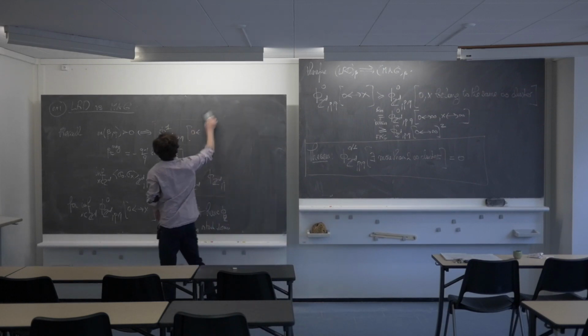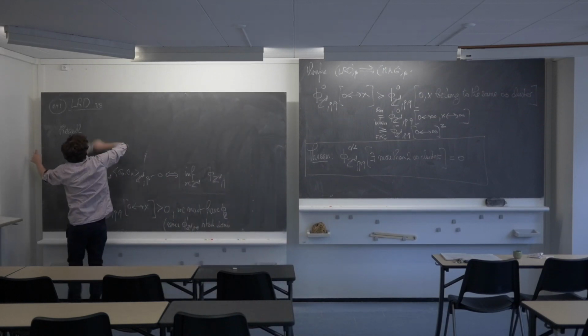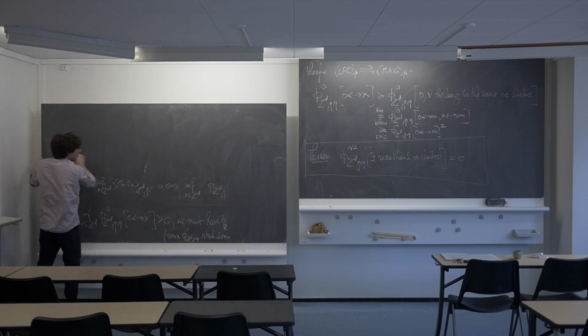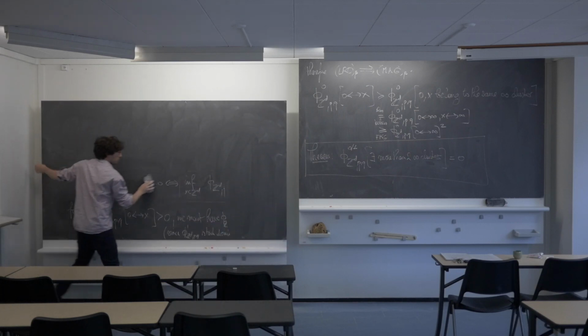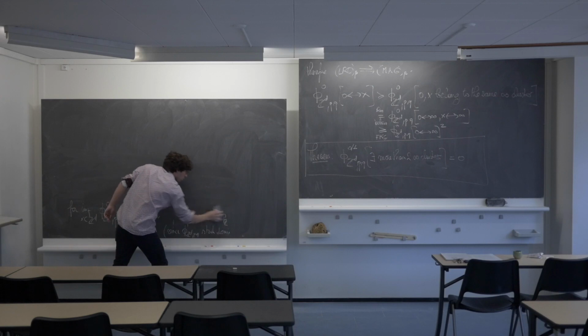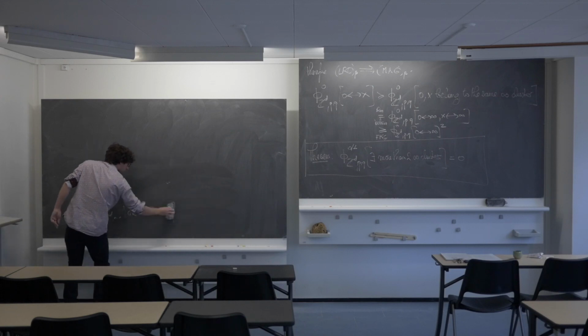So a second property we are going to derive. It's not equal because it's not the same measure yet. It's phi 0, while the other one is phi 1.